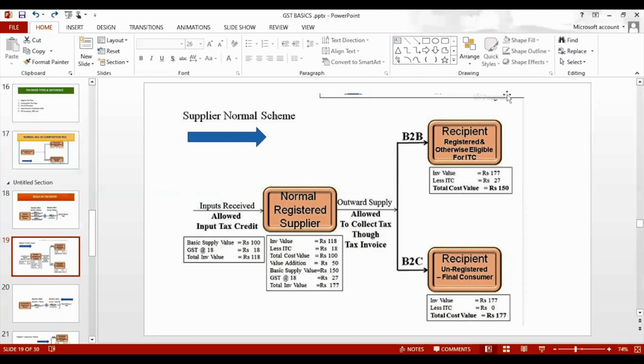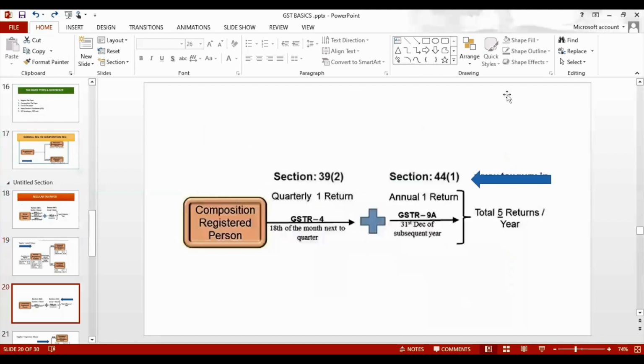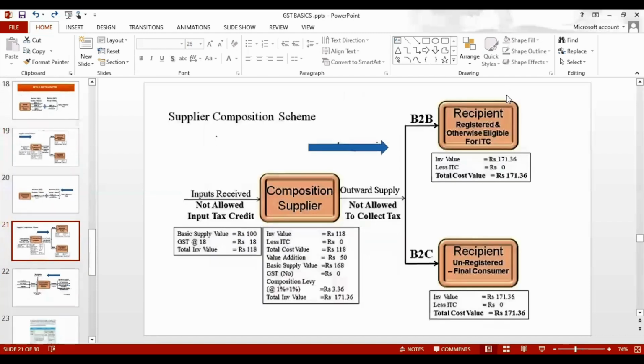Business to business, business to others. Likewise, what forms are entered for composite dealers? What is the procedure of filing for composite dealers? Same as the normal taxpayer example, it comes to the composite dealer. How it is dealt with, I am explaining here, along with aspects of B2B and B2C.